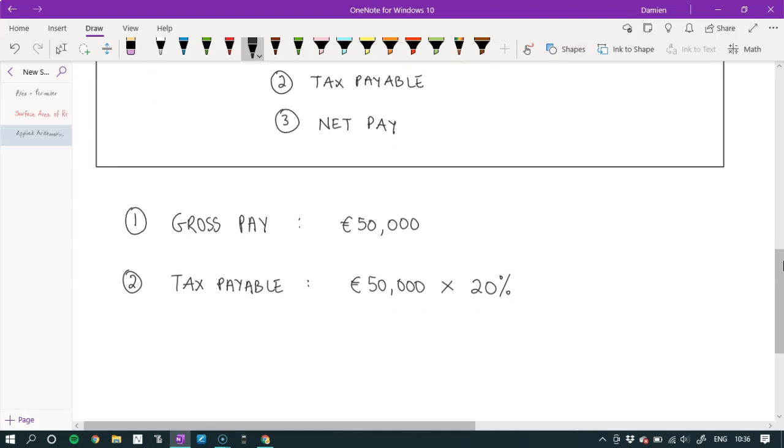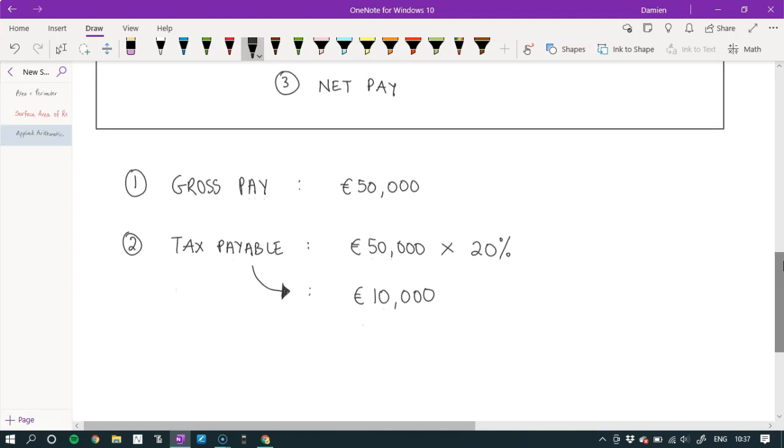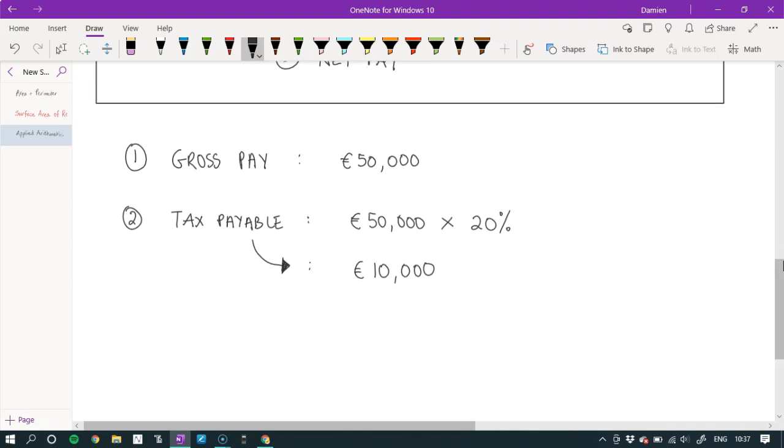I think it might be 0 or 1, depending on the calculator that you use. So 50,000 multiplied by 20% should give you 10,000. So your tax payable is 10,000. In other words, you're making 50 grand a year, but the government wants 10,000 off you. Okay, that's your tax payable.